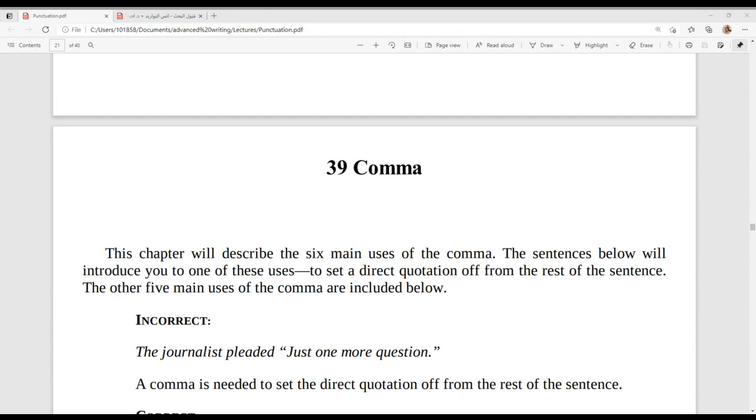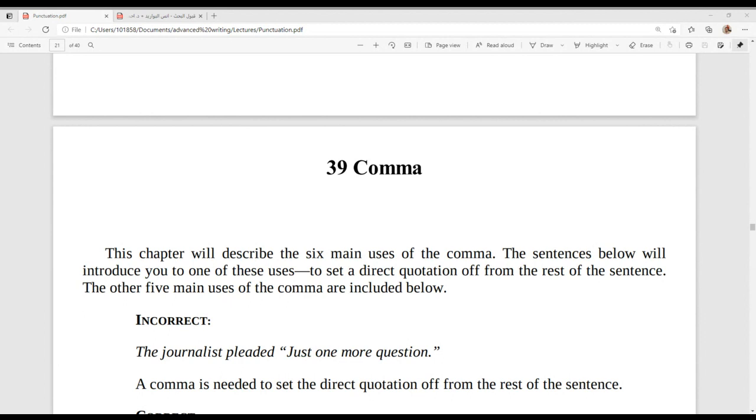Last time, if you remember, we gave an example about the importance of punctuation marks in general, and we saw how they may play a very important role in changing the meaning sometimes. If you misuse them, you may change the meaning of the message.